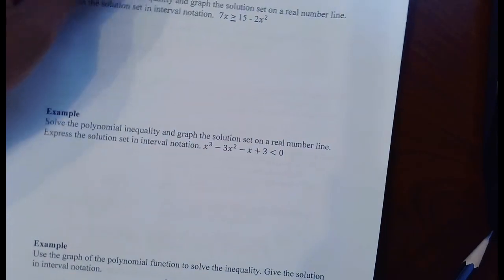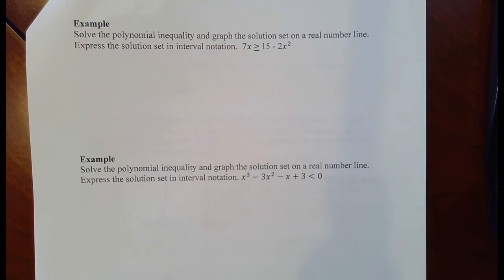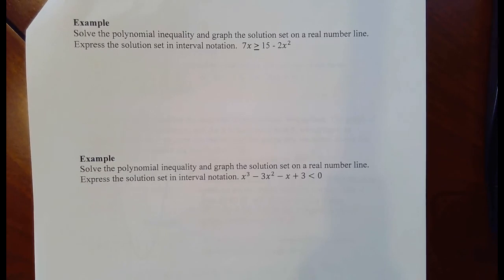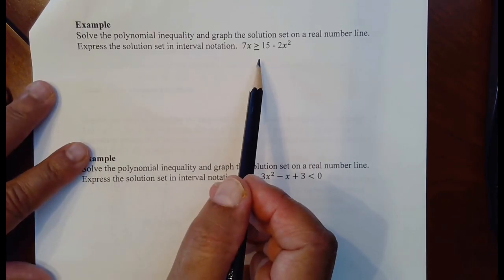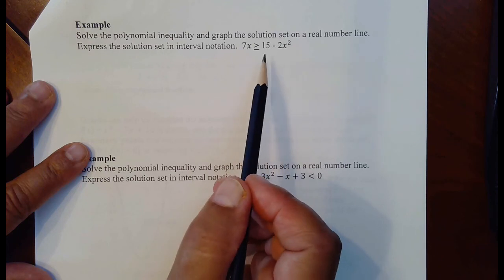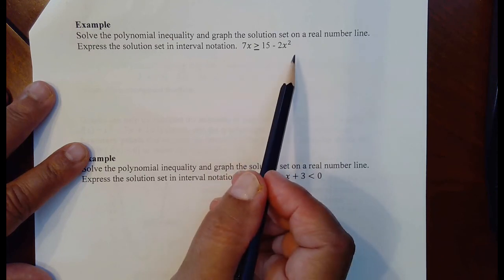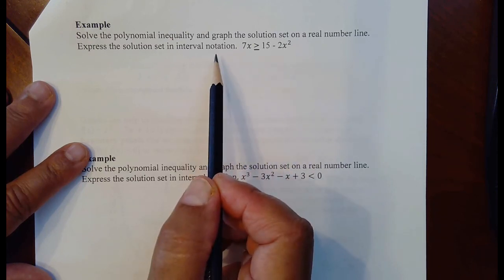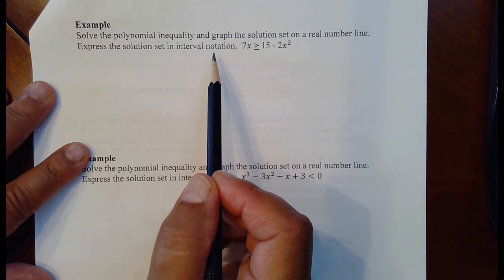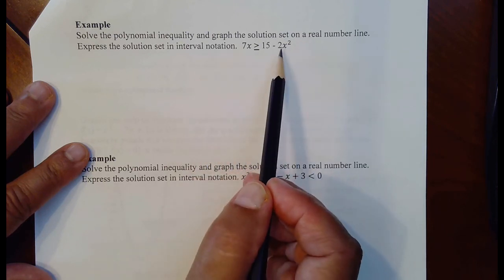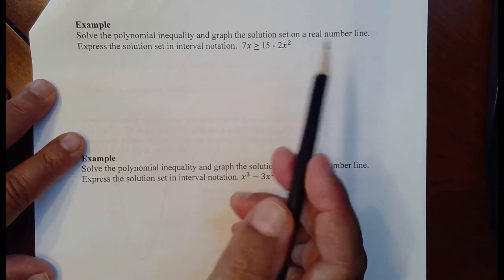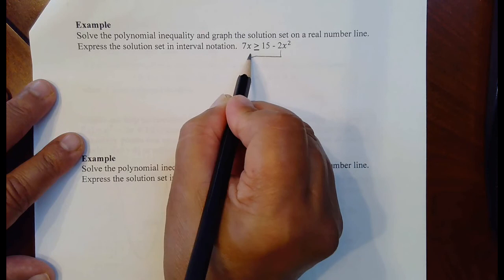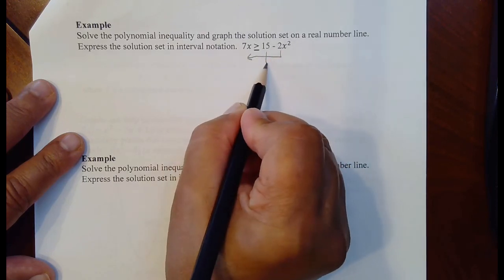Moving on to the last page, where we have a couple of more different kinds of factoring. I put this one in here just because I want you to know that you need to put this in standard form first. In other words, bring everything to one side. And you specifically want to move things in a way that is going to get your x squared to be positive. And so we're going to bring this over here as well as the 15.